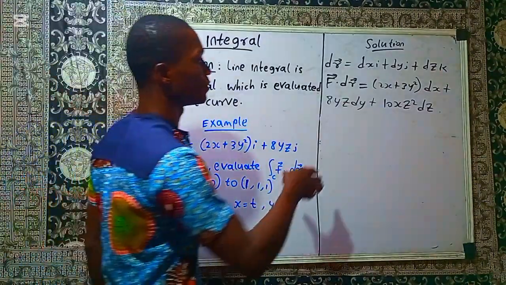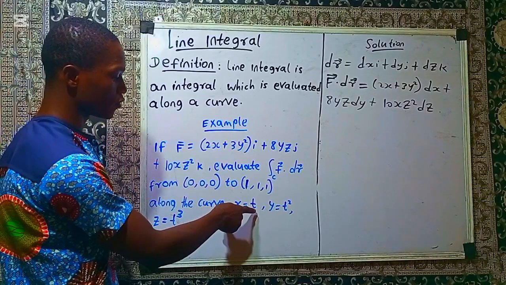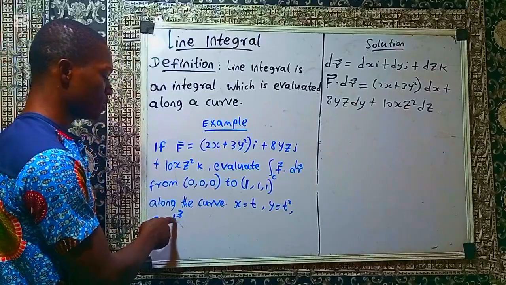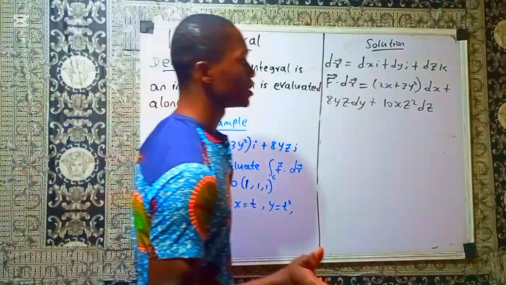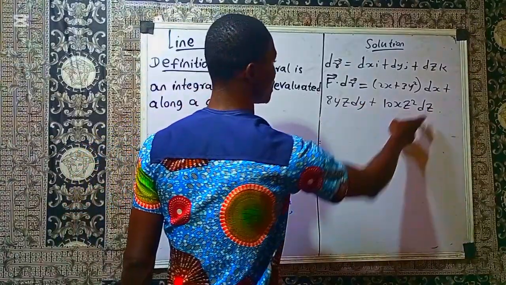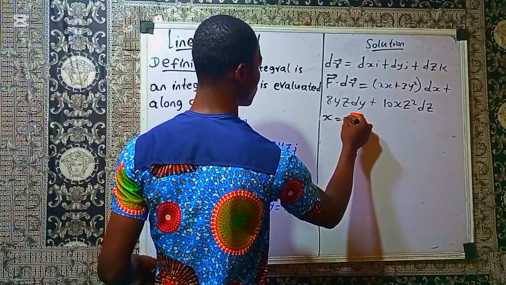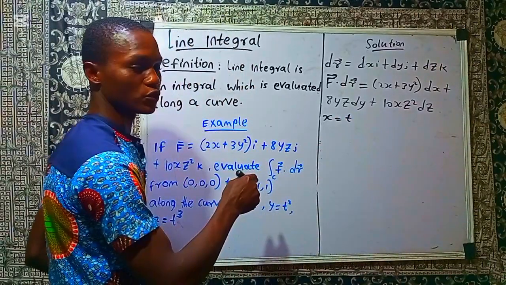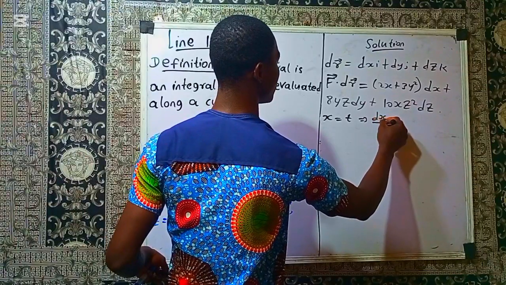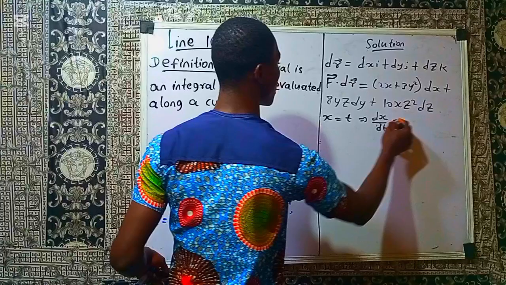We can substitute x for t, substitute y for t squared, and substitute z for t raised to power 3. Not only that, we need to get what our dx will be, our dy will be, and what our dz will be. Since they gave us that x is equals to t, if you differentiate x with respect to t, you are going to get what?